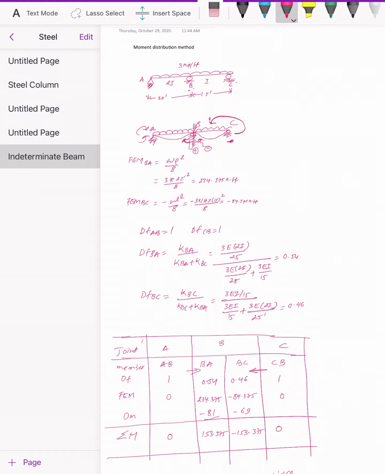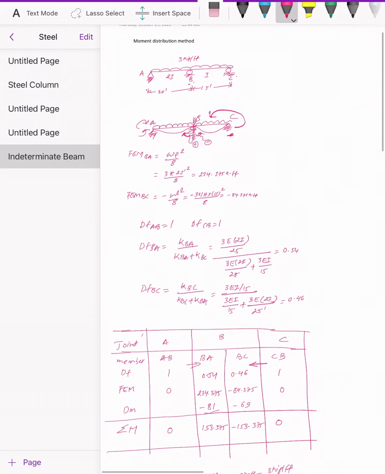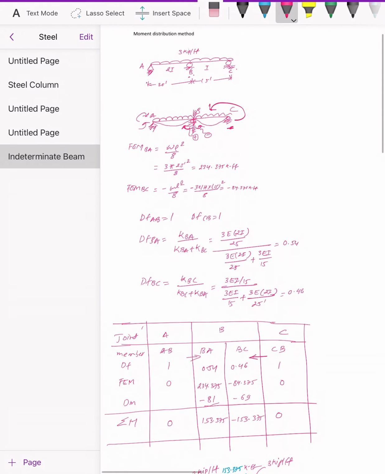Same with joint C, it cannot take any moment, so the moment from BC won't come to member CB. Just keep in mind, and always try to draw the arrow where the moment is transferring. In this way it'll be easy for you to do the carryover moment.